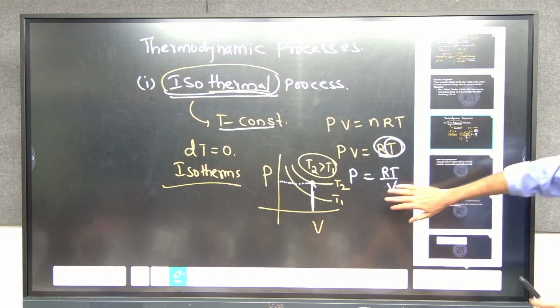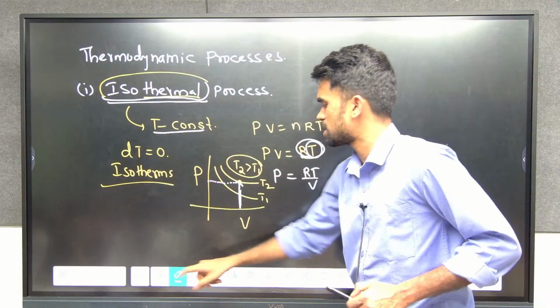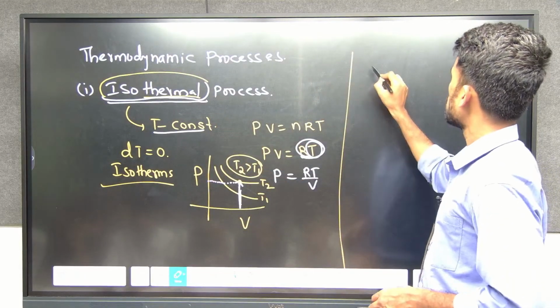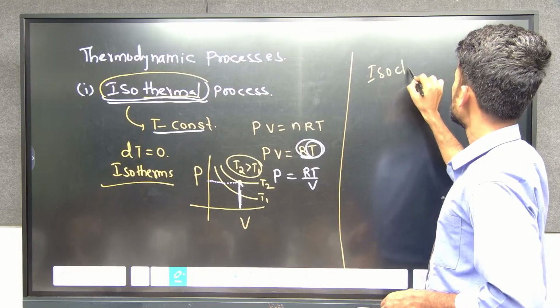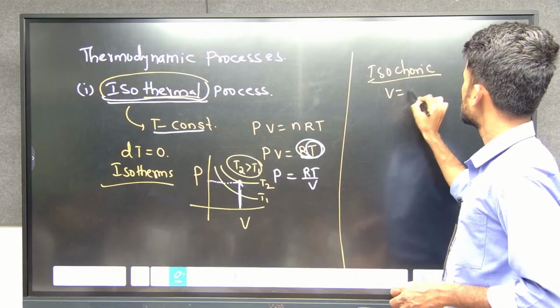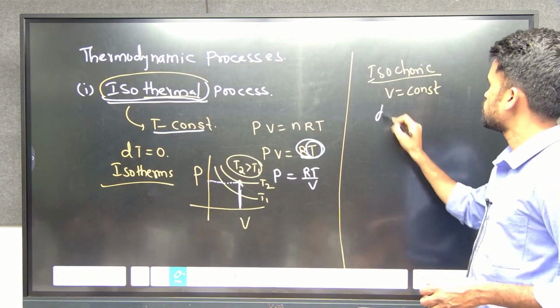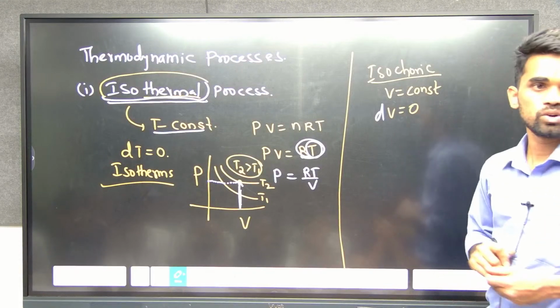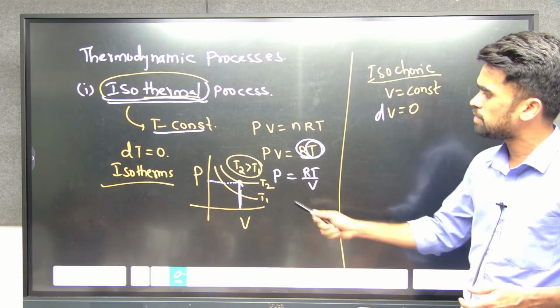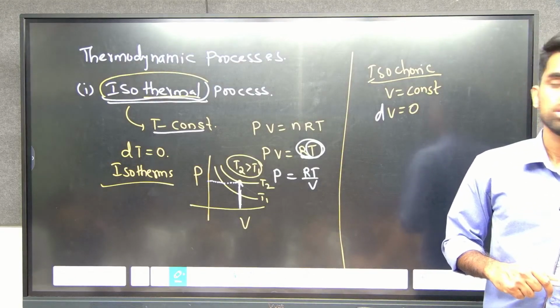The next process: isothermal means temperature constant. Isochoric means volume is constant, so change in volume will be 0. Graphs drawn like this are called isochores.